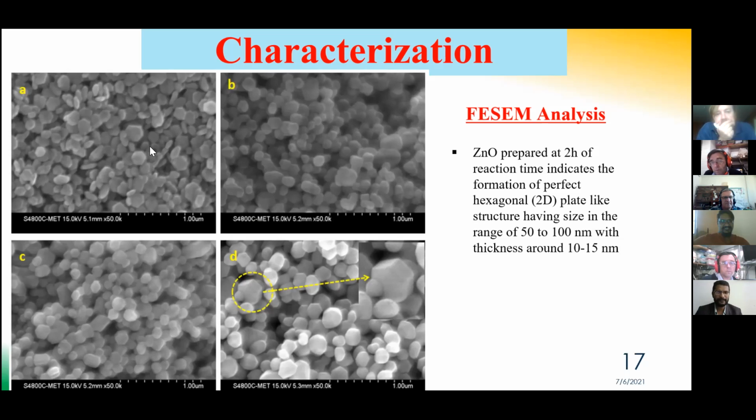Sir, actually here we are using EDTA material for structural determination. In some previous articles, we found that we can orient the material by using EDTA. So we use EDTA over here. Are the particles oriented, or is it a random distribution?